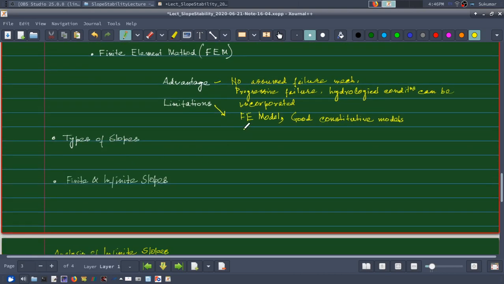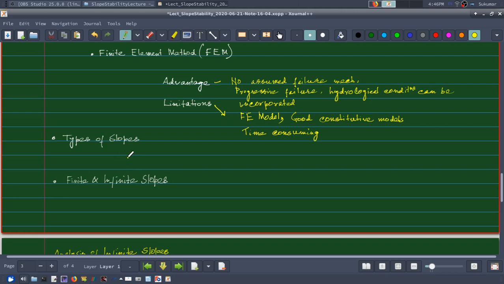It is time consuming in short, because preparing the model takes time and the solution also takes quite a bit of time. Even with today's fast computers, in a very large problem we may need to go for parallel computation.